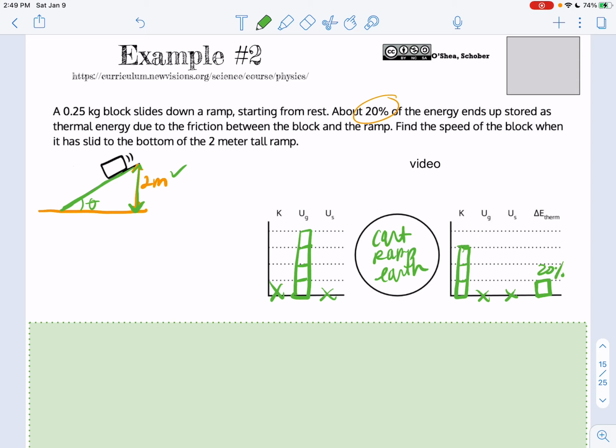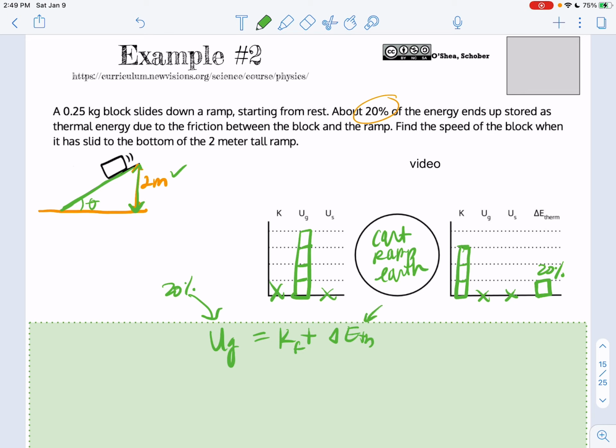So when I write my equation, I'm going to put UG equals K plus E therm. There's a couple different ways you can do it. You can either figure out what the total energy is first, and then take 20% of it to put in for E therm.